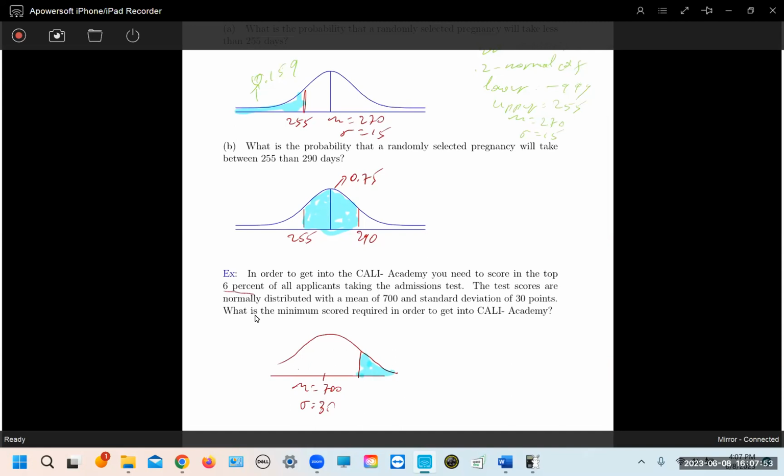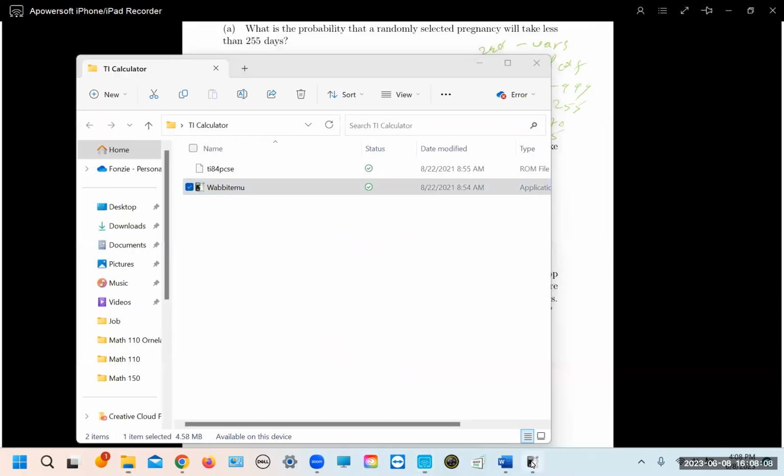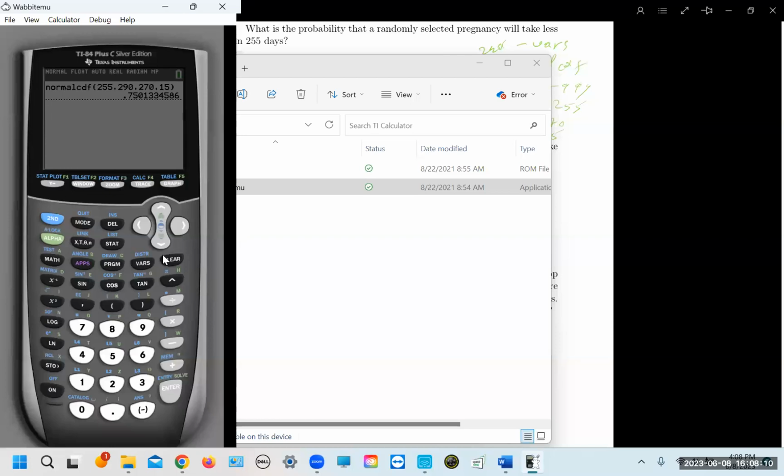So 6% right here. And basically we got 1 minus 0.06, so this one equals 0.94. So I bring up my calculator, and I clear, second var and go to the second number 2.